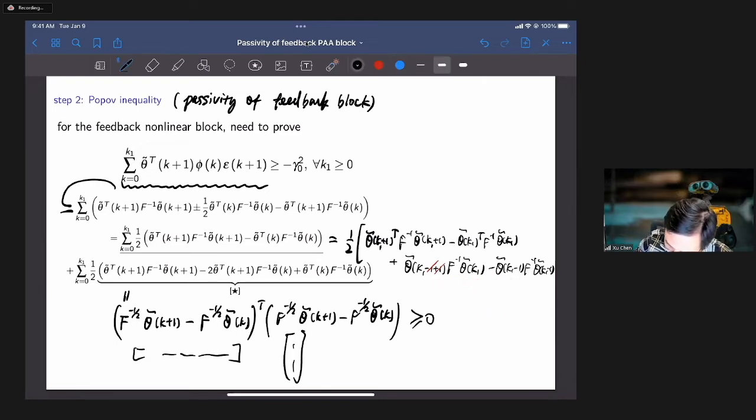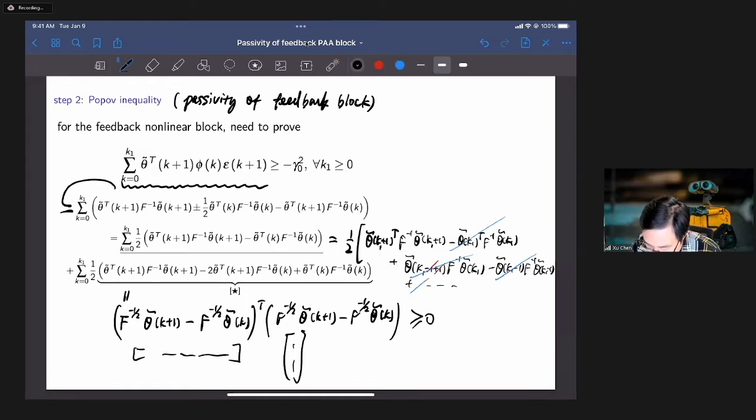You can continue the exercise and notice very quickly that a lot of cancellation will happen. Everything in between the start and the end will cancel. This is negative theta tilde K1. This is positive theta tilde K1. So they will cancel with each other. Similarly for this term and whatever comes afterwards in here.